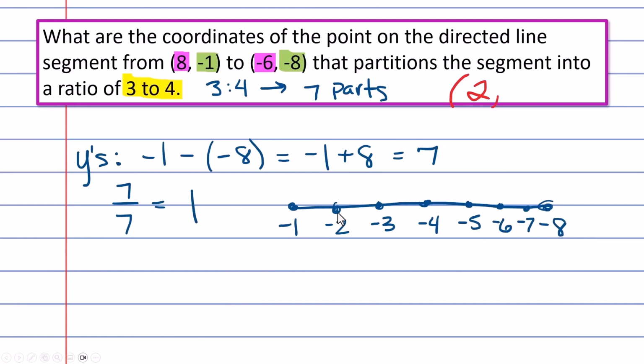It's moving by ones. It's just getting more negative. So it's -2, -3, -4, -5, -6, -7, -8. Find the point that splits this little segment into 3 parts to 4 parts. 3 parts, 4 parts. So -4 is the one that's going to do that. That means the y coordinate of our answer is -4.